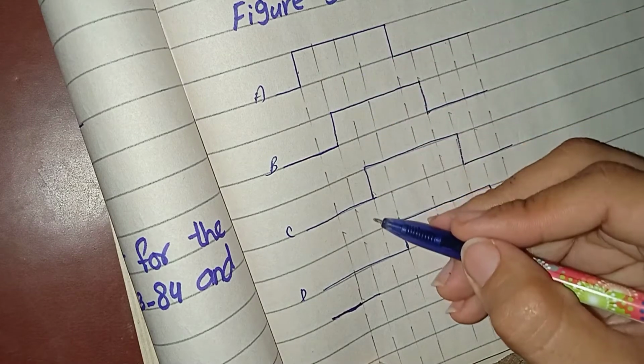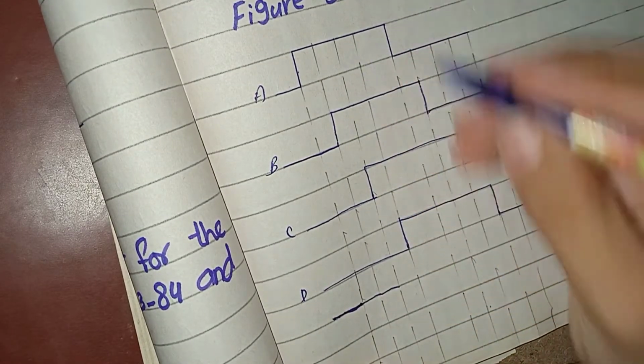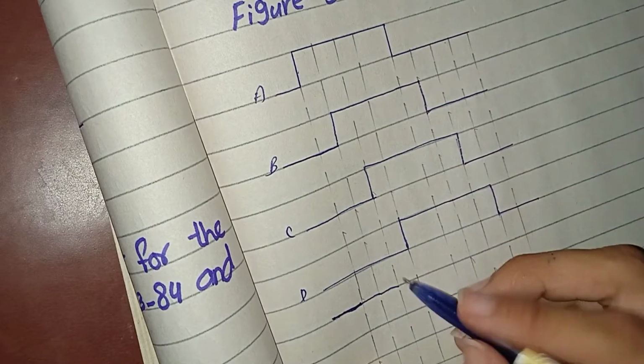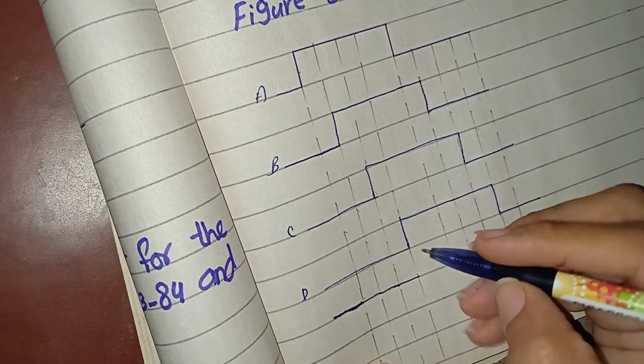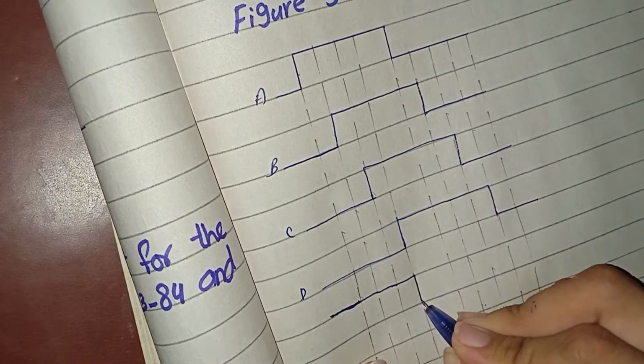Here we also get higher output. Here we also get higher output because these 3 are at high level, but the 4th one is at low level. It means that we get high output. But here all are at high level. It means that we get low output.